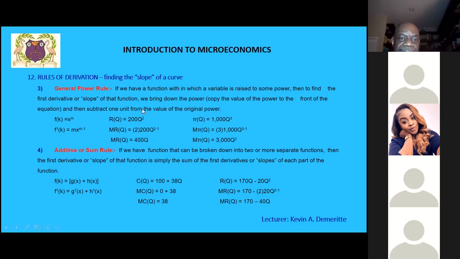If you have a variable raised to some power, that's q squared, you bring down the power, you put the power in front of your equation, and you subtract 1 from the original power. So in this case, you bring down the 2, and you subtract 1 from it. Here, you bring down the 3, and you subtract 1 from it. Okay, so let's go back. Oh, for heaven's sakes.